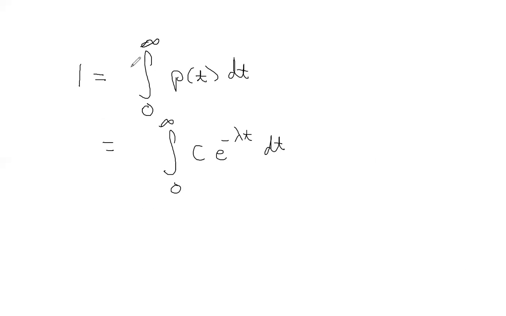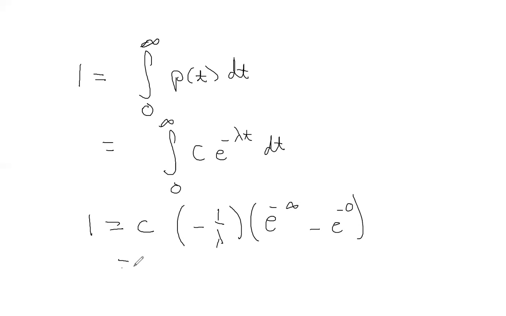This normalization condition becomes 1 equals c times the integral of e to the minus lambda t, which is minus 1 over lambda times e to the minus infinity minus e to the minus 0. That's just going to be c over lambda, or turning it around, we learned that c equals lambda in order that all the probabilities add up to 1.